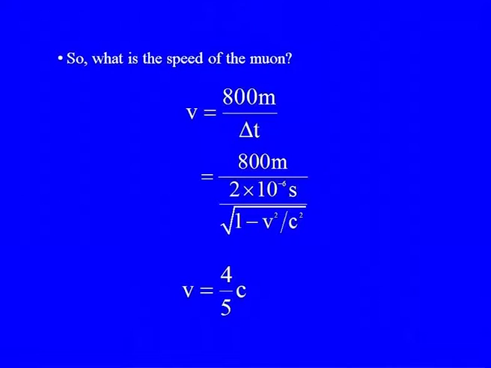If you put in this expression which we obtained earlier, you will land up with the speed of the muon to be 4/5 of the speed of light. So, this is still less than the speed of light, and it is not more than the speed of light as we had seen it would be if you do it in the wrong sense.